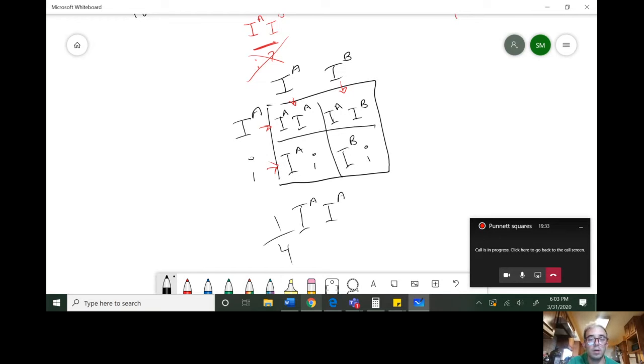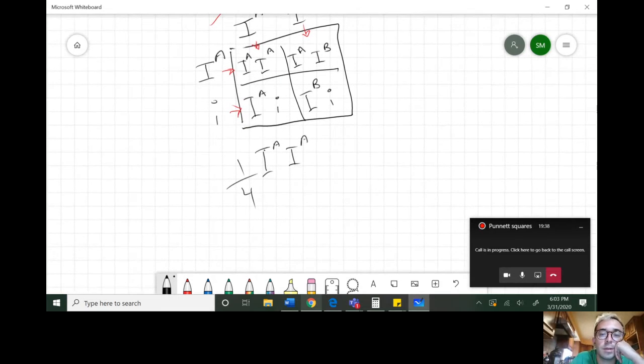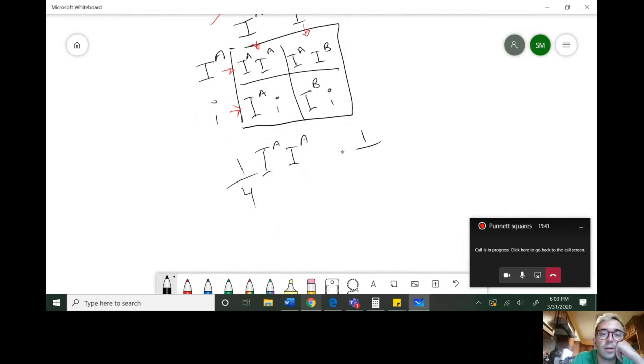1 out of 4 homozygous dominant, 1 out of 4 heterozygous codominant, 1 out of 4 heterozygous dominant, and another 1 out of 4 heterozygous codominant.